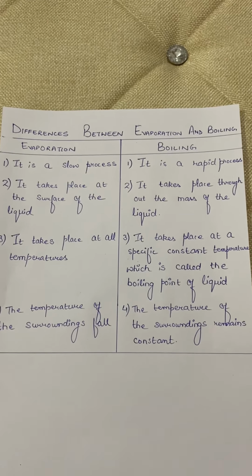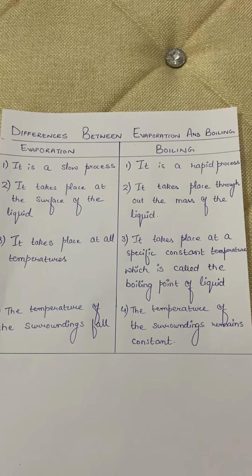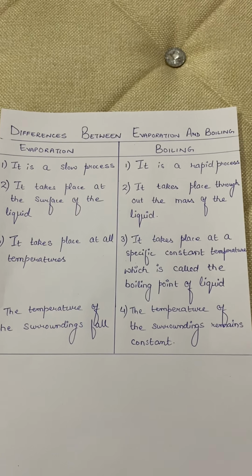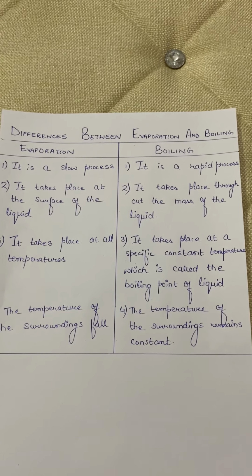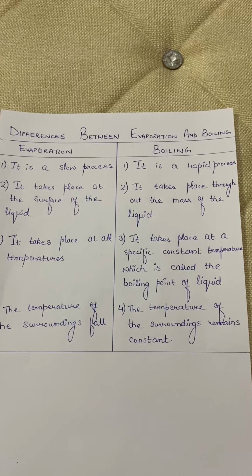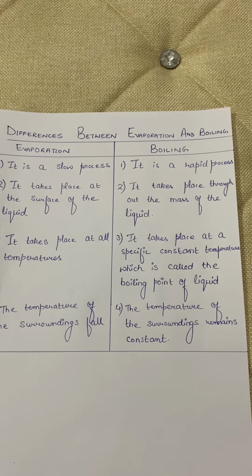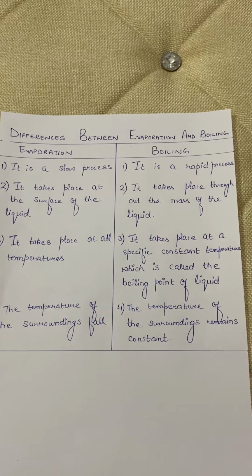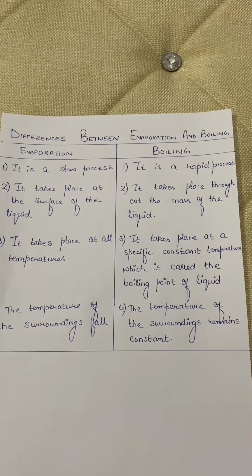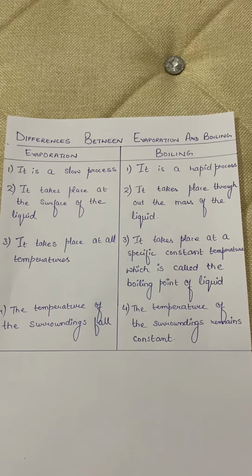See, in evaporation, there is no presence of an external heat source. The liquid molecules absorb the energy from the surrounding, and because there is no external source present, as in the case of boiling, the process takes a longer time.